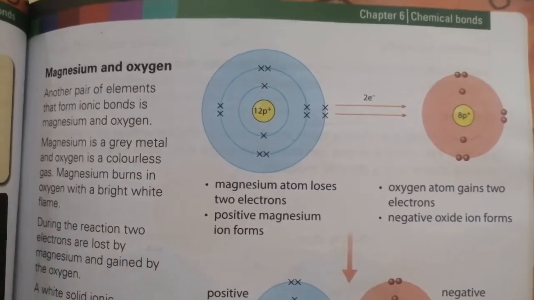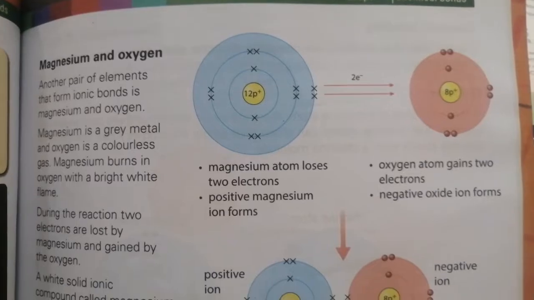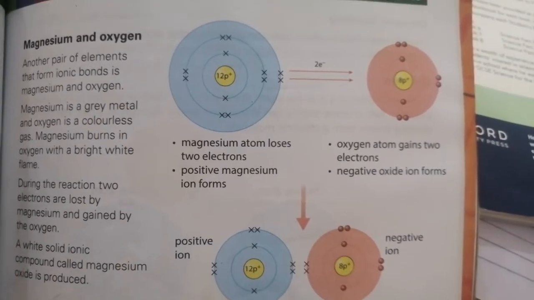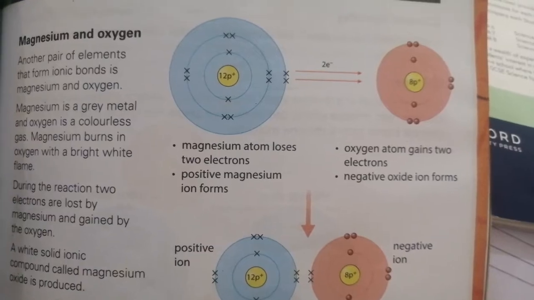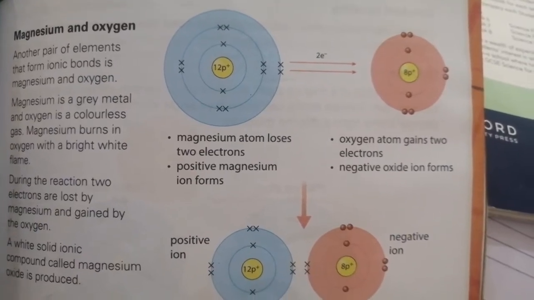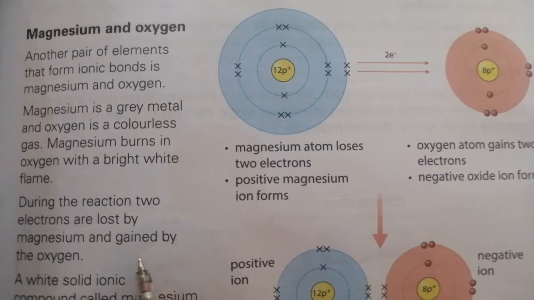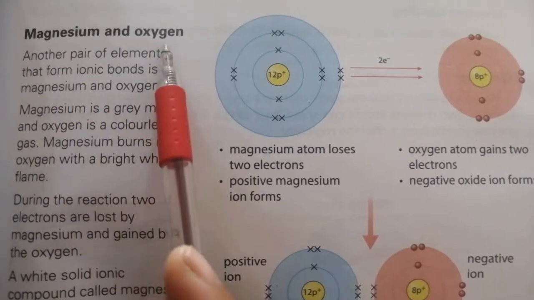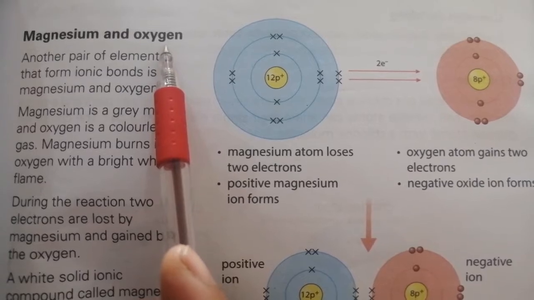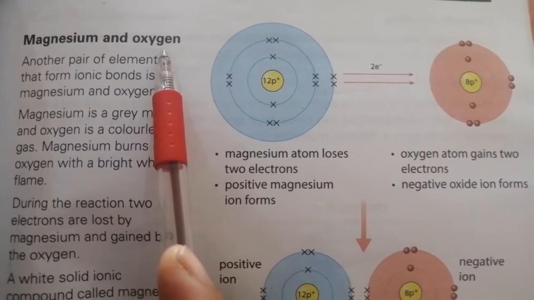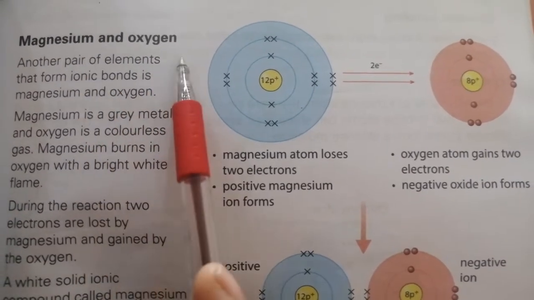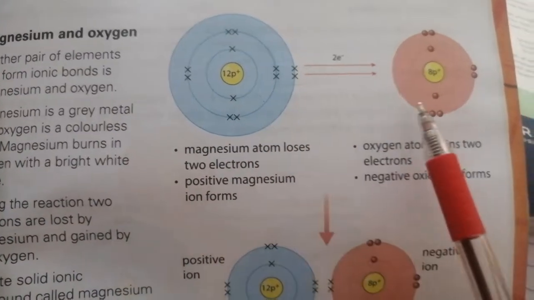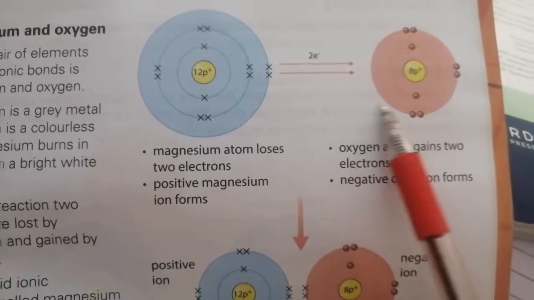I assure you that you will also enjoy this lesson if you take keen interest in listening and reading the content. Dear students, in this example, magnesium combines with oxygen to make an ionic compound called magnesium oxide, so you must know the atomic structure of magnesium as well as oxygen.